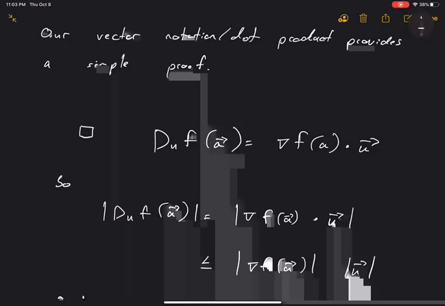Let's think about that directional derivative. All right. Well, we know from our theorem, if f is differentiable, that directional derivative is going to be given by del f at a dot u, where u is our arbitrary direction. And remember, u is going to be a unit vector, right?